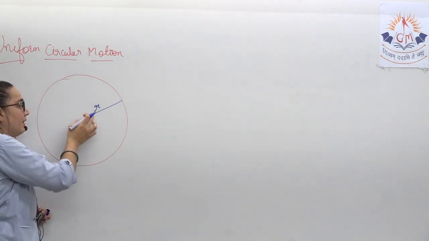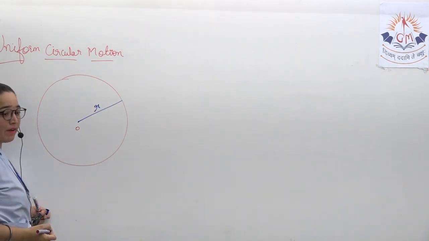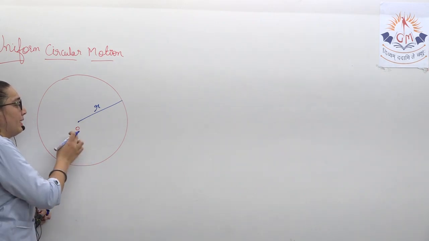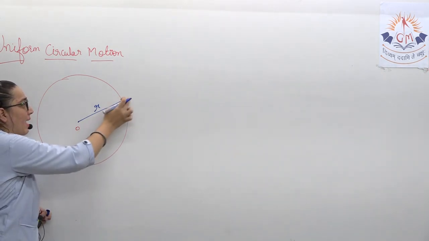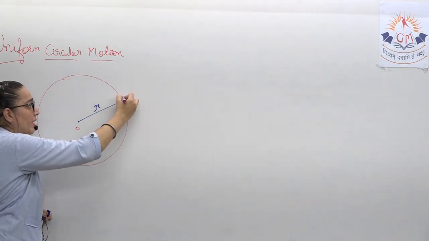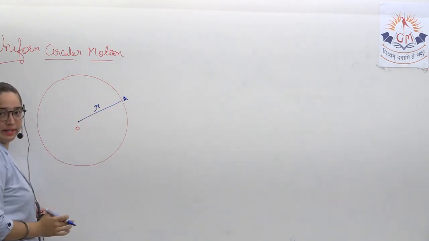The distance between the center and any point is called the radius. We have already done this particular content. Now, the distance between the center and any point on the circle, suppose you can say A over here, is the radius.